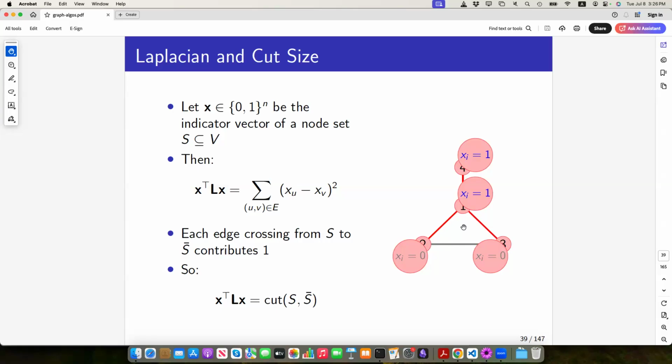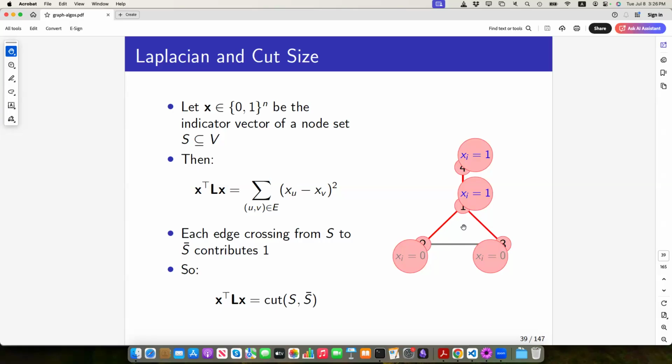So in our context, when x is binary, and you think about what happens, well, you can have 0, 0, or 0, 1, or 1, 1. So the only non-zero terms are going to be for nodes that have value 0 and value 1. So if I think of x as encoding a cut of the graph into two sets, this expression will conveniently give me the number of edges that go across the cut.